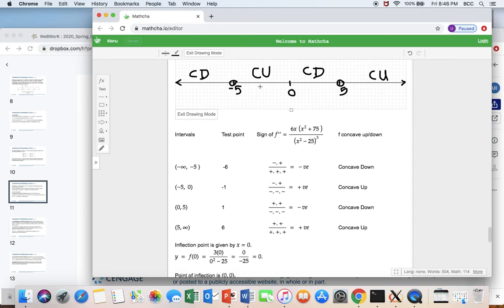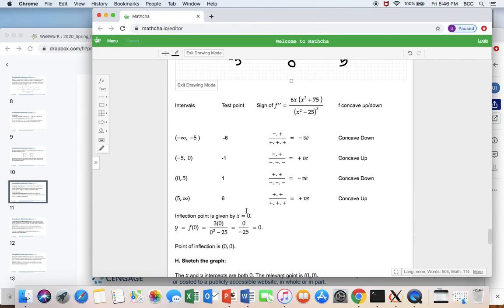Okay. So, notice 0 gives me an inflection point because concavity changed around it. Negative 5 could have given me an inflection point, but this is not in our domain. Likewise, 5 could have given me an inflection point, but it is not in our domain. Okay, so 0 is the only point which gives me an inflection point.